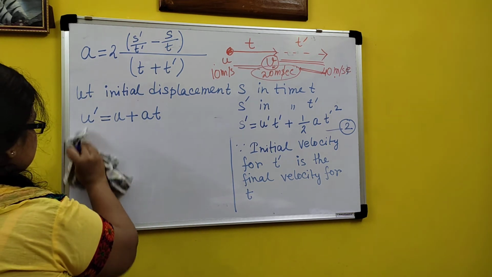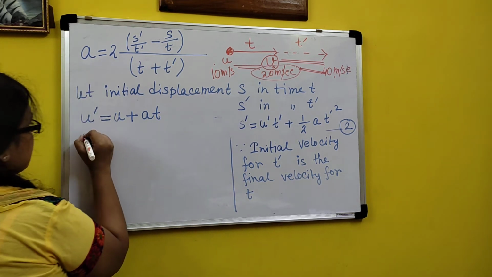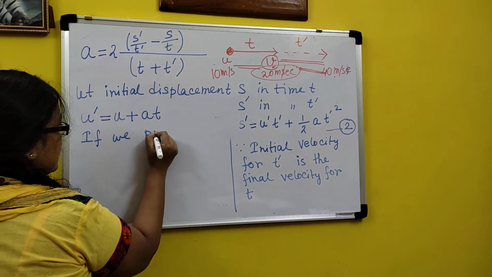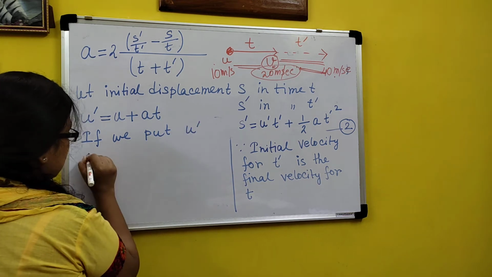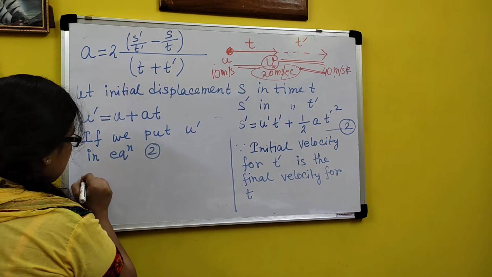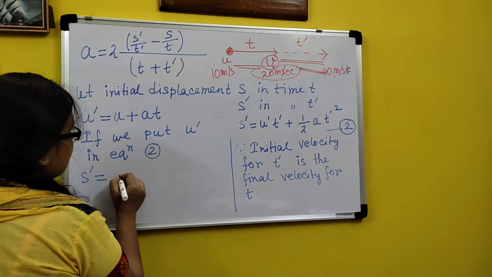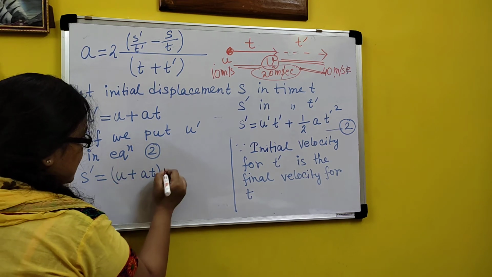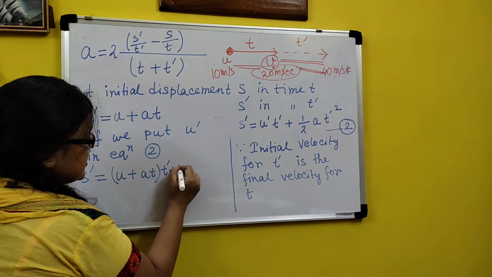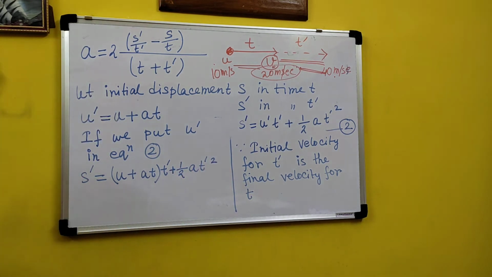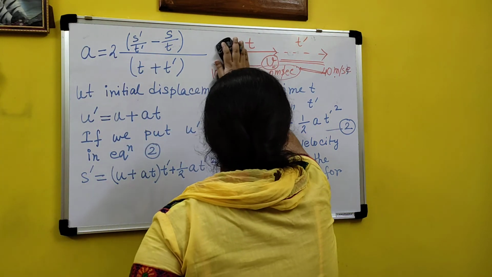So if we put u prime in equation 2, then what I am getting, s prime equal to u plus at, within that t prime plus half a t prime square. No confusion. Now I am rubbing the other part of this equation. So this part not needed.